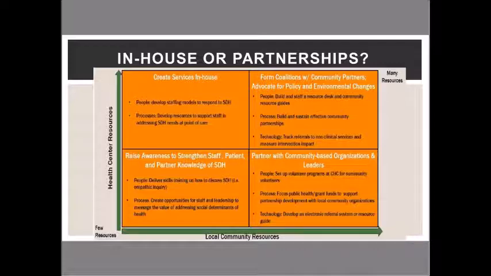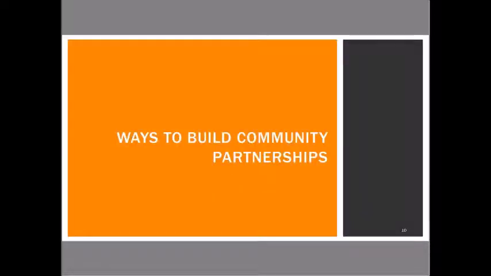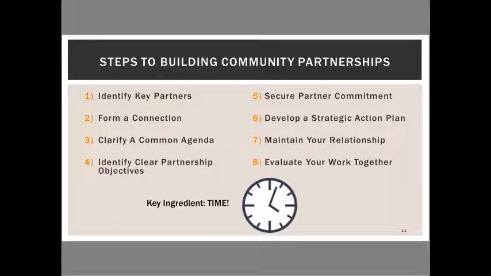So think about where you and your community fall, and that might help guide your work together. So when we're talking about community partnerships, there are some key steps when building community partnerships, and I'm going to walk through these briefly each.